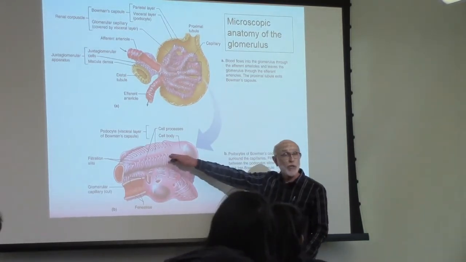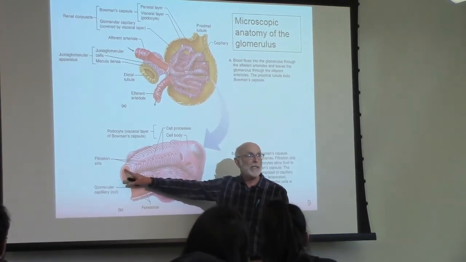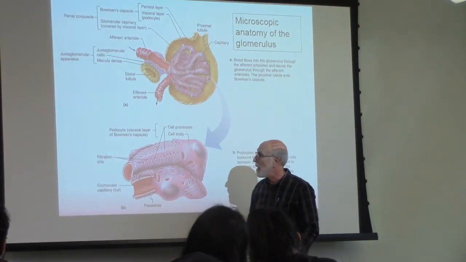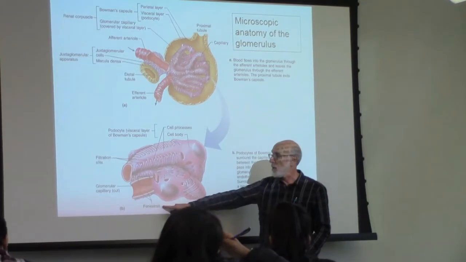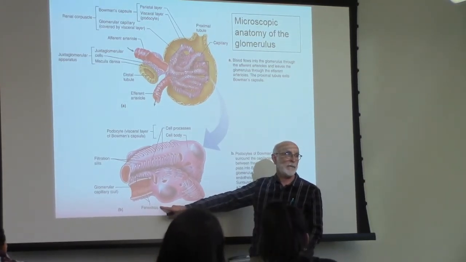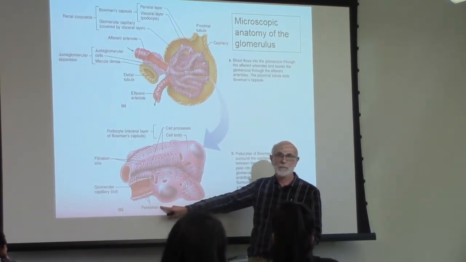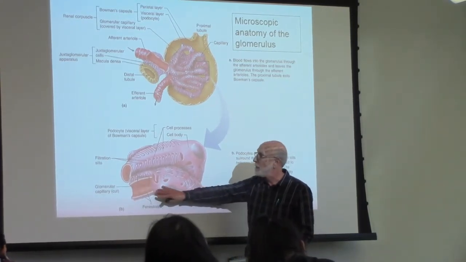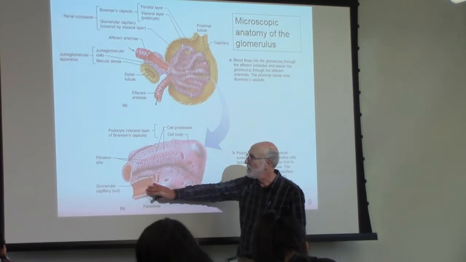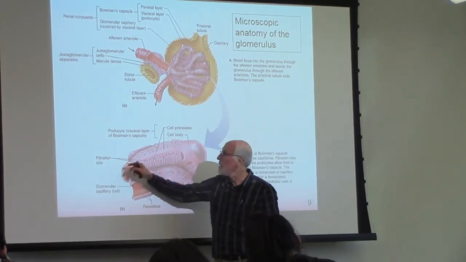And there are structures of the podocyte wrapping around the endothelial cell of the capillary that are important for this leakiness. There are structures called fenestrae. Those of you who know Latin know that this is Latin for window. So there are fenestrae on the inside of the capillaries, and there are filtration slits.